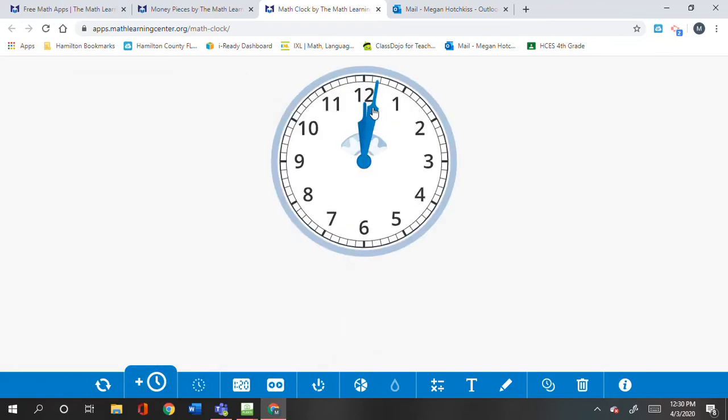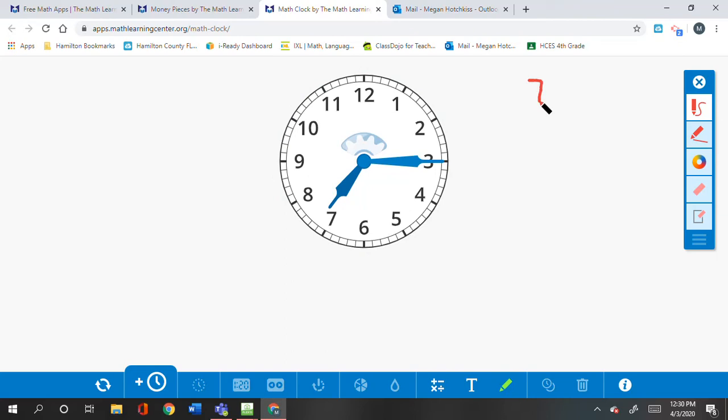We can use this. Let's start the clock at, we woke up at 7:15, so my hour hand's going to be over here at the 7, and at 7:15 is when we woke up. So 7:15, we woke up.